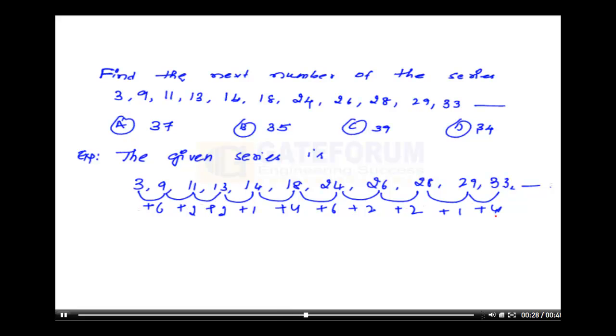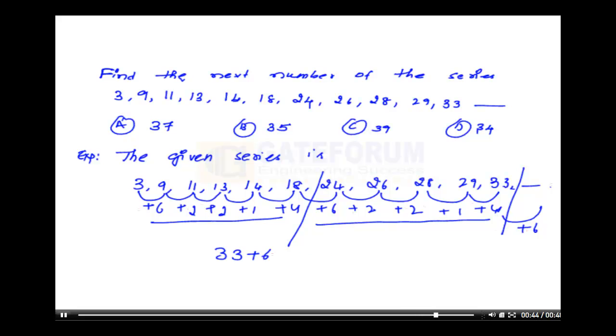The pattern is 6, 2, 2, 1, 4, and then again 6, 2, 2, 1, 4. It means the series is repeating. So, the next number will be plus 6, which is 33 plus 6, which is 39. So, the option C.